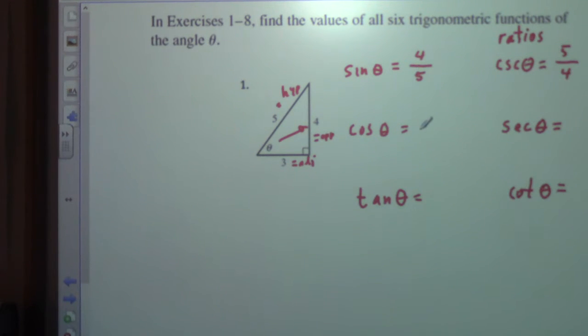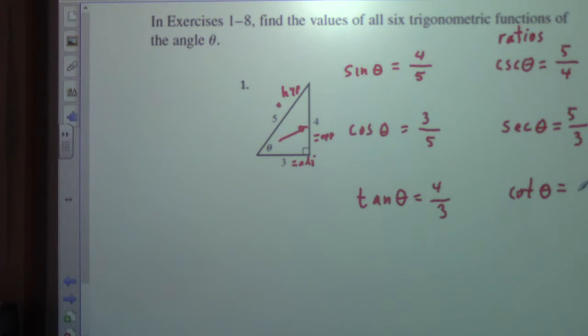The cosine is going to be adjacent over hypotenuse, so 3 over 5. And then secant is going to be the reciprocal, which is 5 over 3. Tangent is going to be opposite over adjacent, 4 over 3.